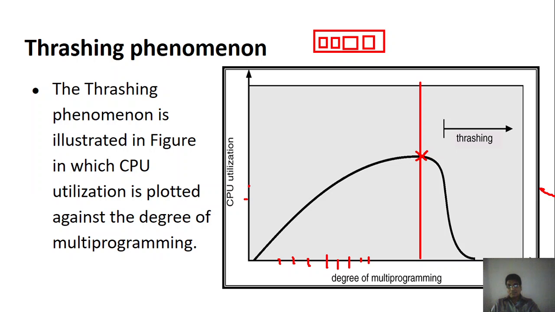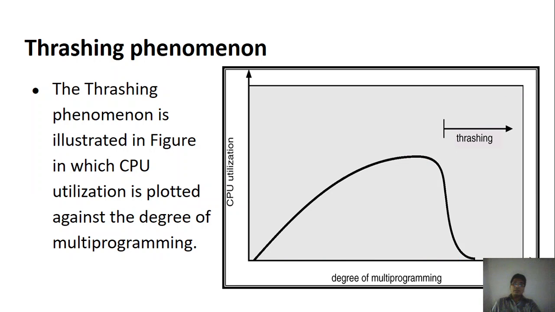After that limiting value, if you are still eager to increase the utilization of the CPU, and you think that it is going to reach heaven, and you start increasing it, what happens is, instead of increasing, suddenly CPU utilization drops.